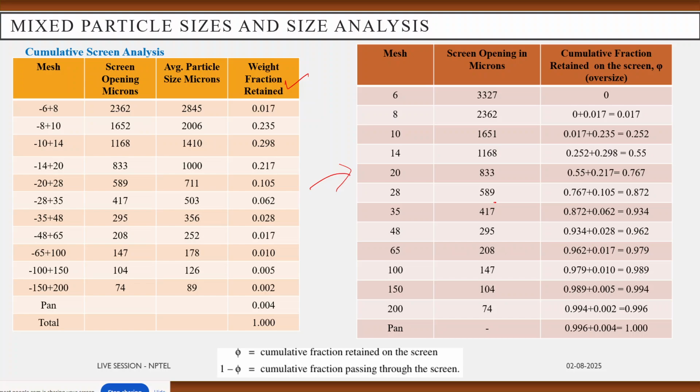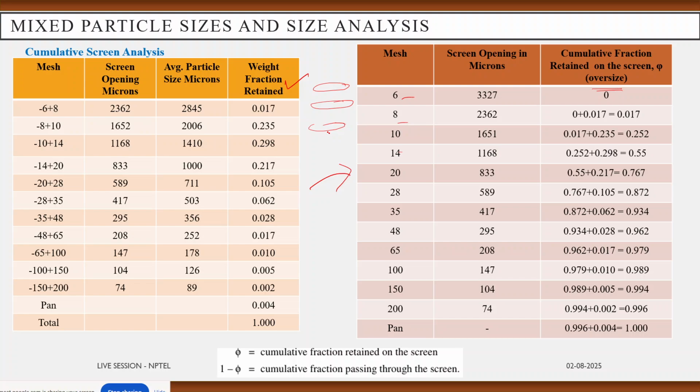So you write down the screens, and you also write down the screen openings in microns for each. Suppose these are the screens: this is 6, this is 8, this one is 10, this one is 14.